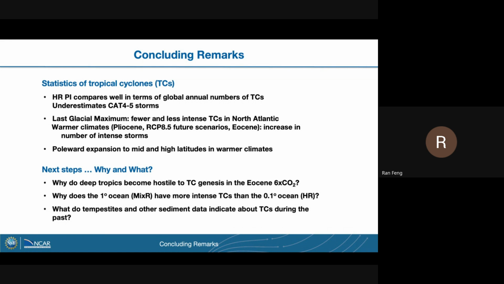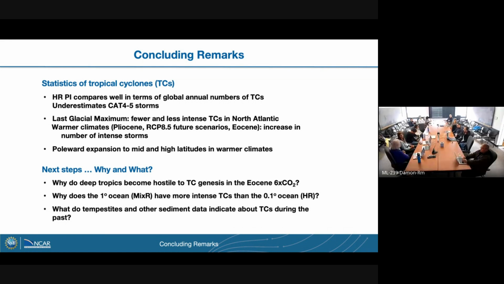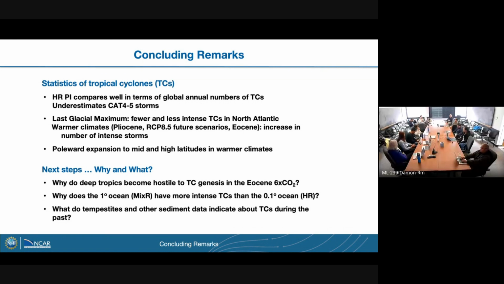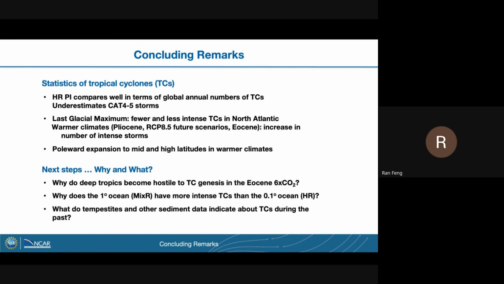And we'd like to do other time periods, of course. My love is to do the Cretaceous, with the seaway going up right where we are right now. Tropical cyclones for the dinosaurs.